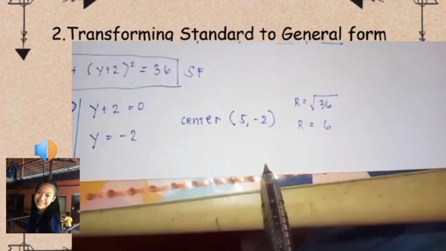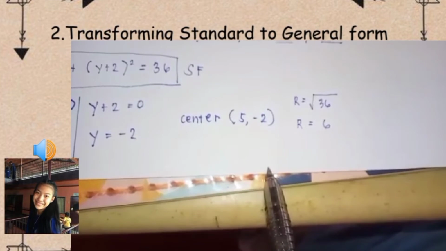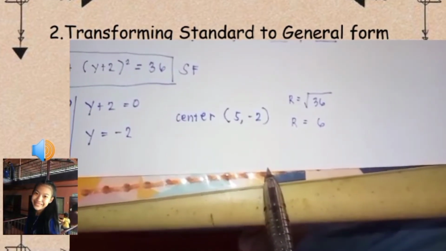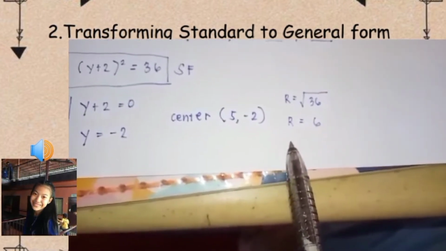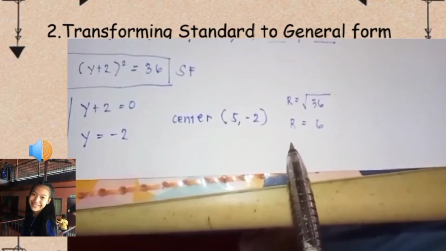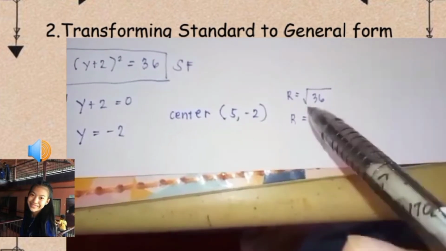For the radius, just get the square root of our constant term, the square root of 36, that is positive 6. Since we are dealing with a distance or measurement, we just get the positive value. So the radius is positive 6.